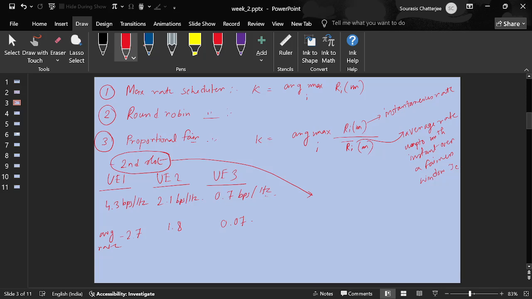User 1. Okay, user 1 for the max rate scheduler. What is the choice of round robin? Round robin basically serves users based on index. The slot index and the user index should match.